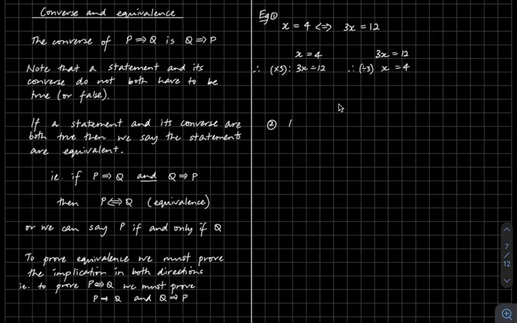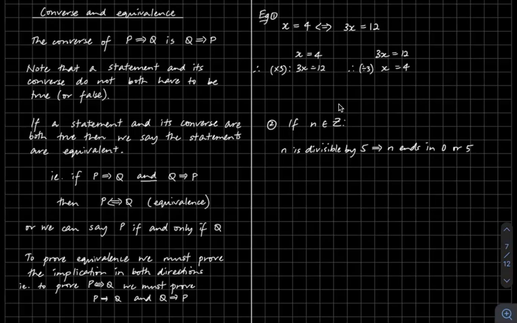Maybe just one more. Let's say n is an integer. Then I could say that the statement n is divisible by 5 implies that the number n must end in a 0 or a 5, mustn't it?